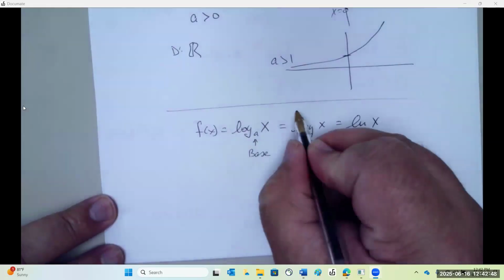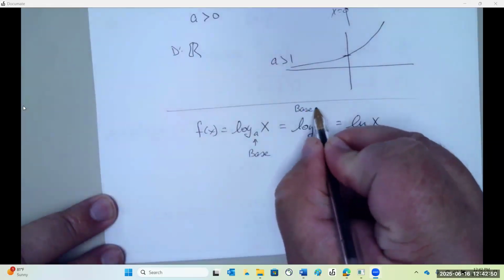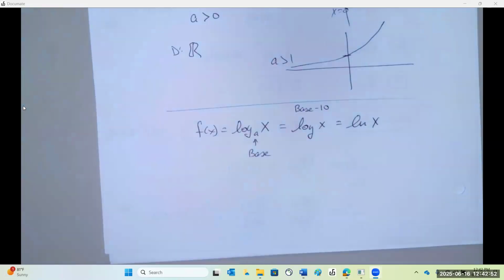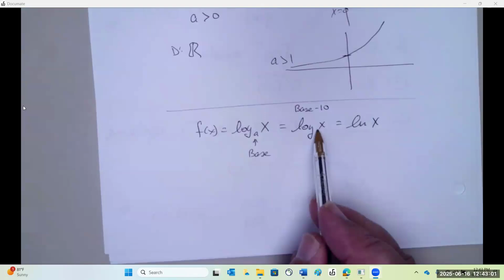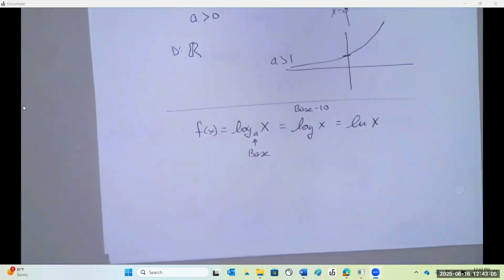If the base is 10, then it's a common log, because our numeric system is base 10. That's what this deals with. So it has no number down there. It's automatically a 10 that's down there.